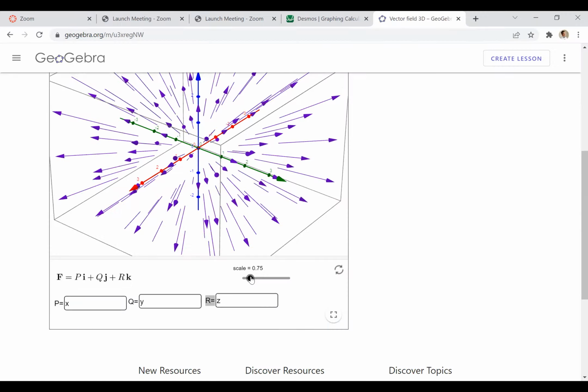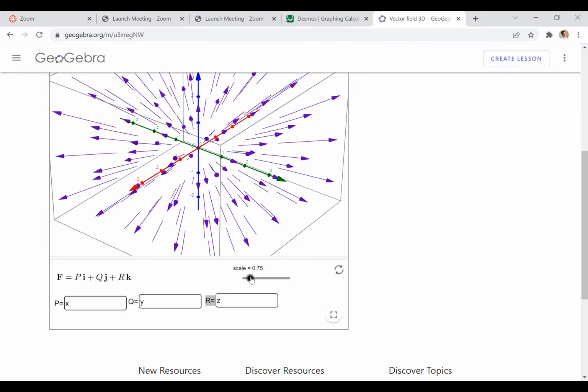Let's move on to the conservative vector field. This is a very important concept in the later section. So here come some definitions for you guys, a few definitions.